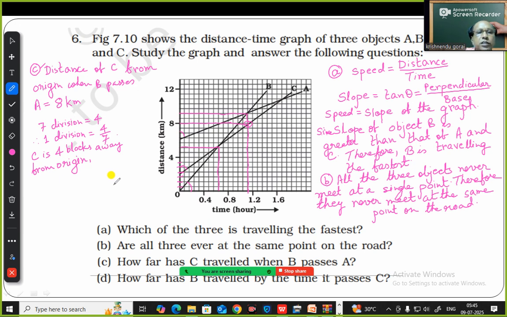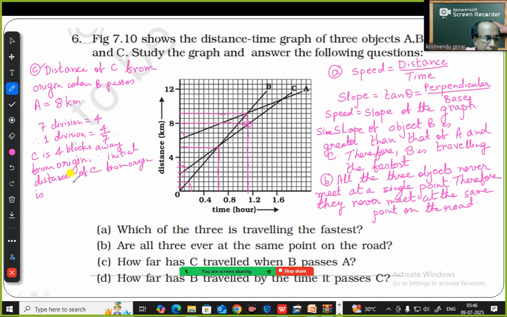Therefore, the initial distance of C from origin is 1, 2, 3, 4, that is 4 blocks.